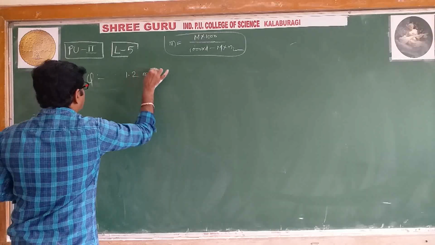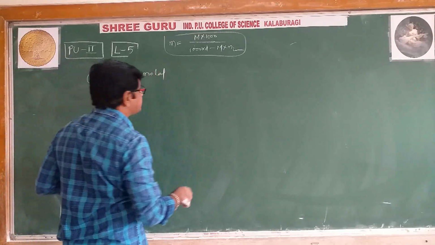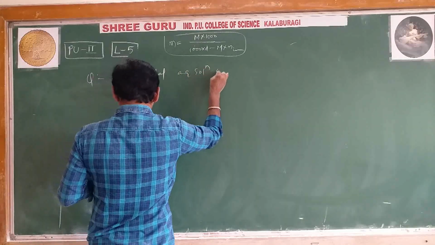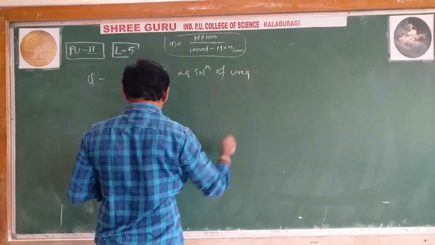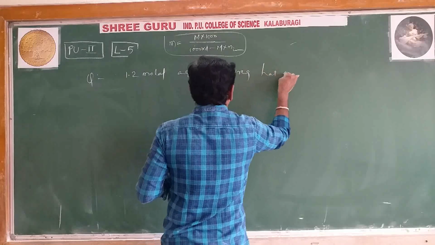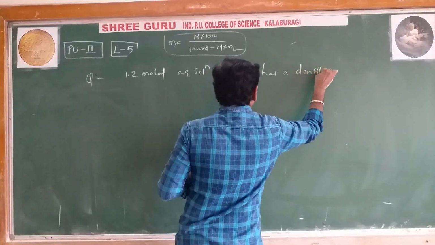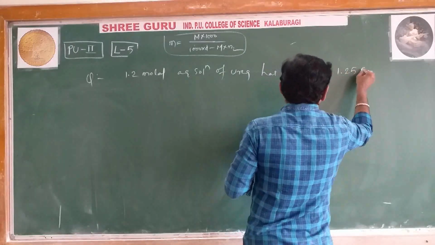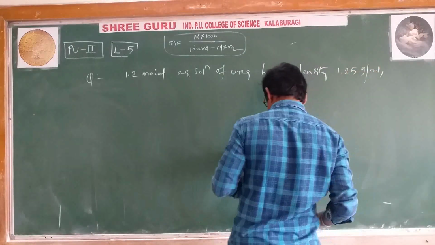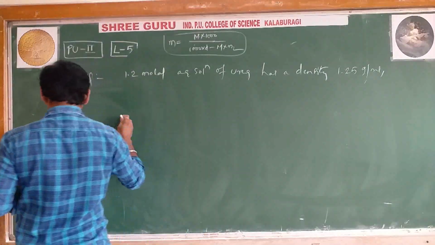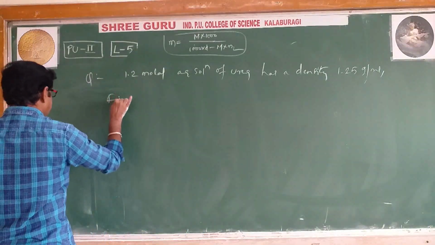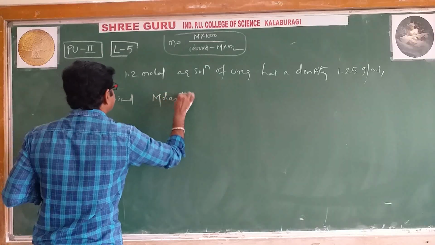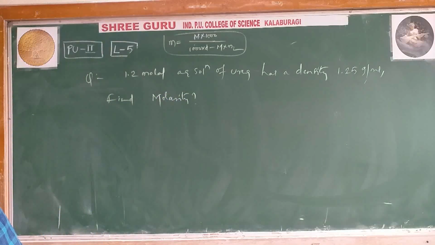A 1.2 molal, that is molality, aqueous solution of urea has a density of 1.25 gram per milliliter. Find the molarity, capital M. That is the question.